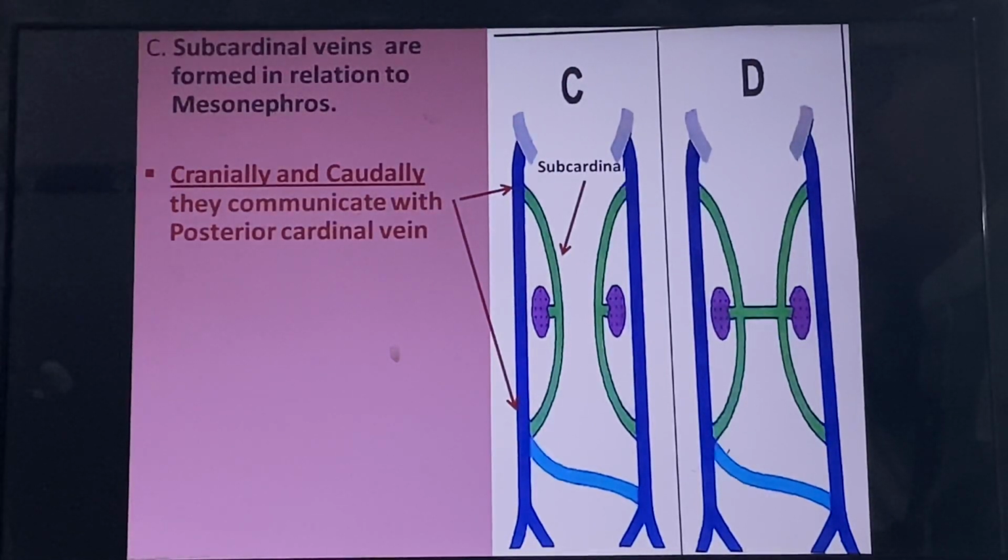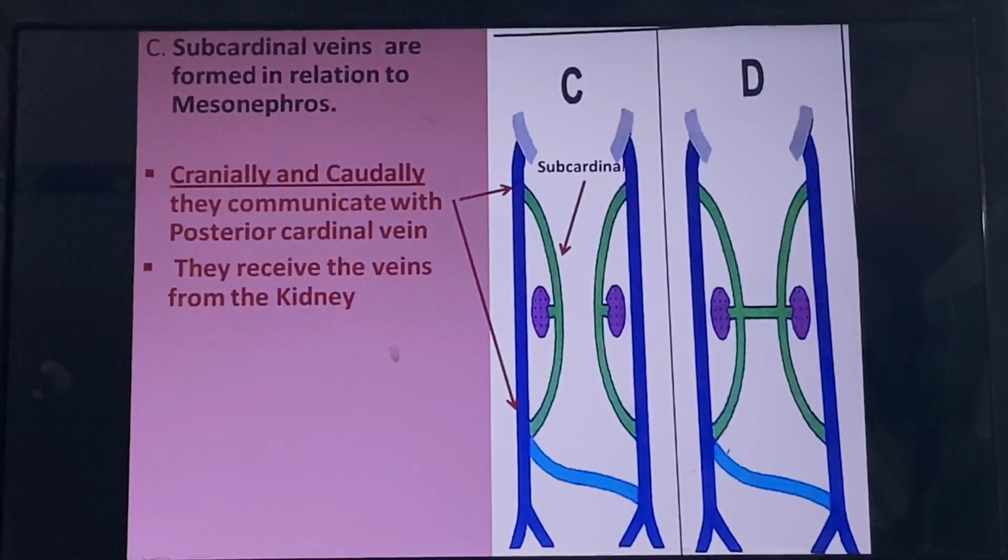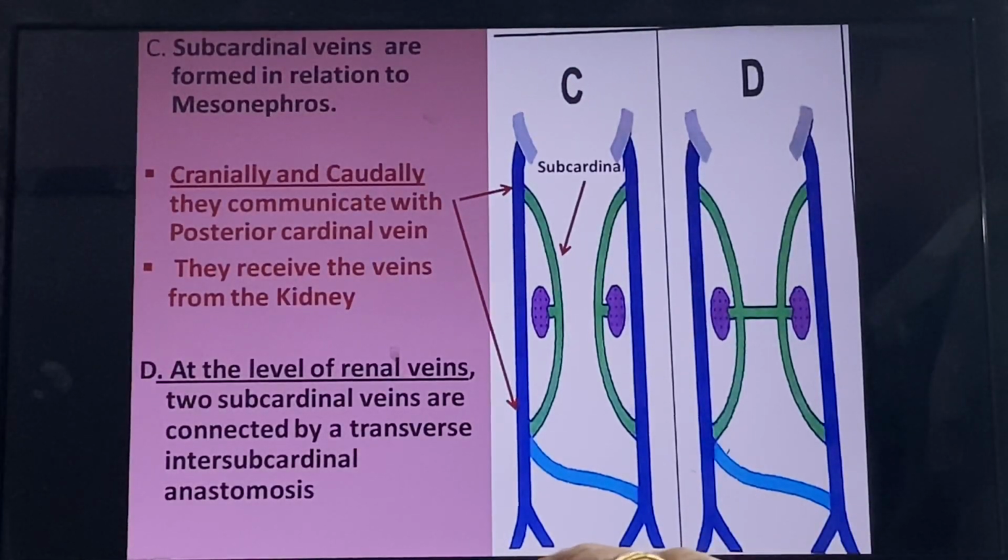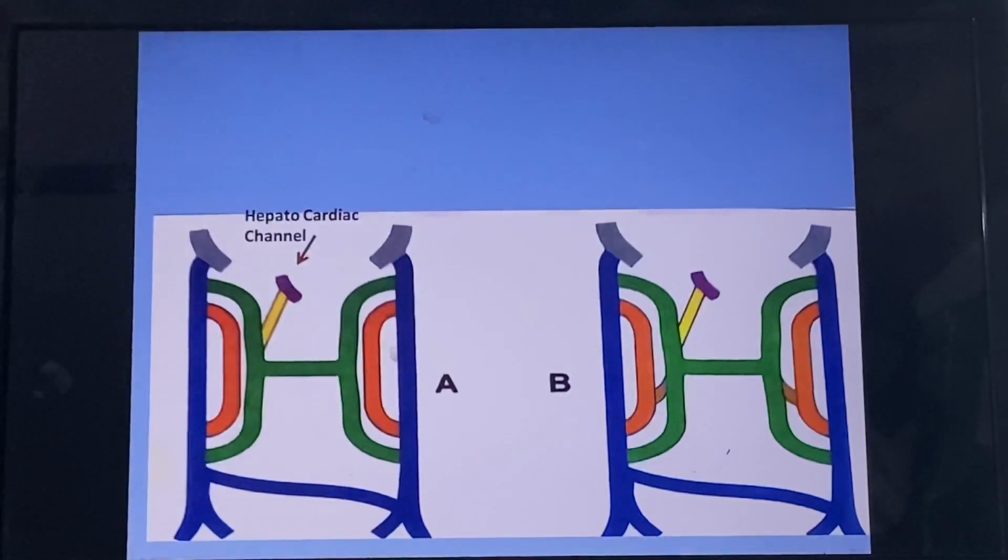They receive the vein from the kidney; this is the mesonephric area where the kidney is going to develop. At the level of the renal veins, the two subcardinal veins are connected by a transverse anastomosis, which is given the name transverse intersubcardinal anastomosis, because it is happening between the two subcardinal veins.